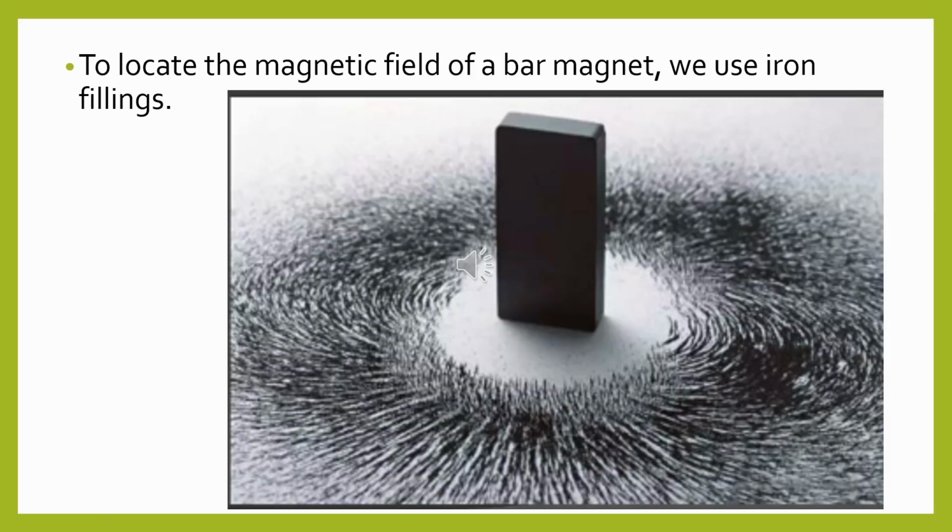Yes, students, magnetic fields are invisible to our naked eyes. However, if you wish to see the magnetic field of a bar magnet, we can use iron filings as in the picture given in this slide.